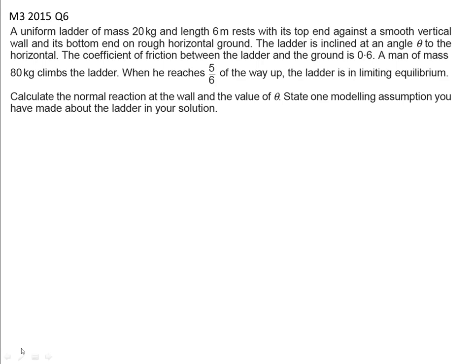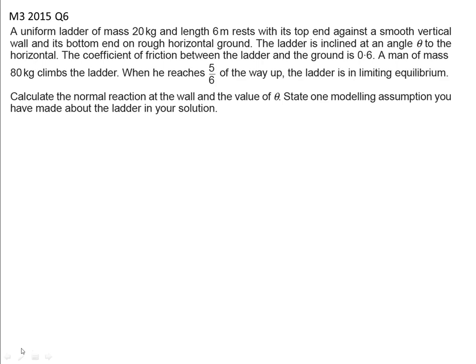A man of mass 80 kilograms climbs the ladder. When he reaches 5/6 of the way up the ladder it is in limiting equilibrium, and we have to calculate the normal reaction at the wall and the value of theta. And finally, we have to state a modelling assumption.